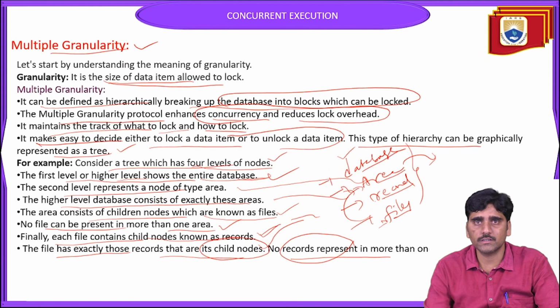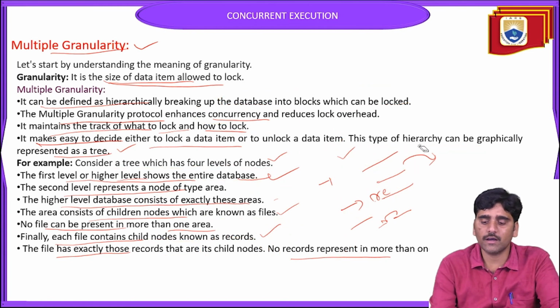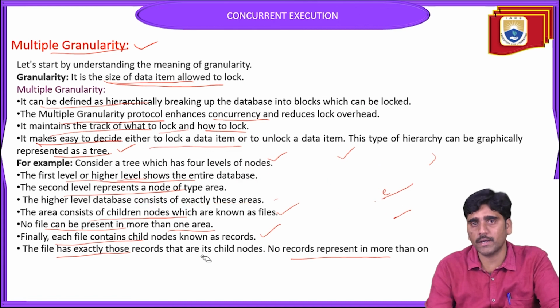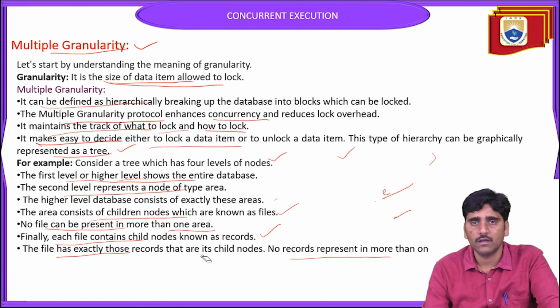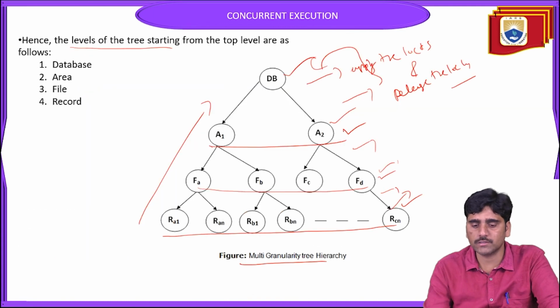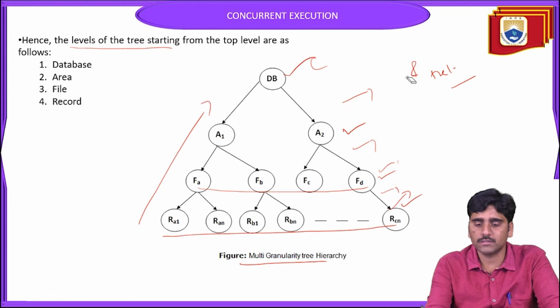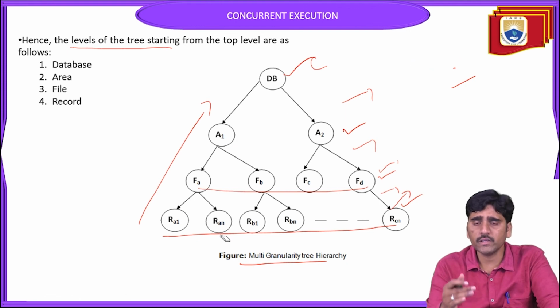Along with this, multiple granularity. Multiple granularity is nothing but the size of data item allowed to lock. You can apply the locks for data items, and you can apply the locks for transactions, so applying locks at all the levels. All the levels are these four hierarchical levels: the database level, area level, file level, and record level.